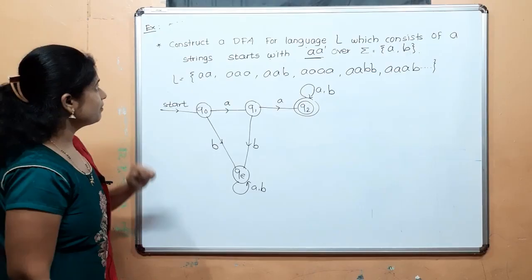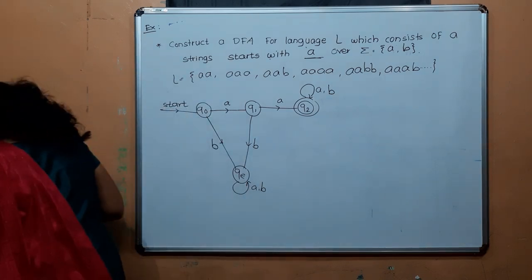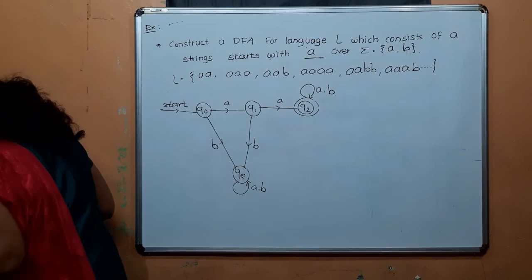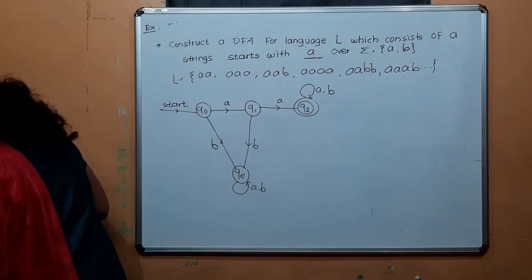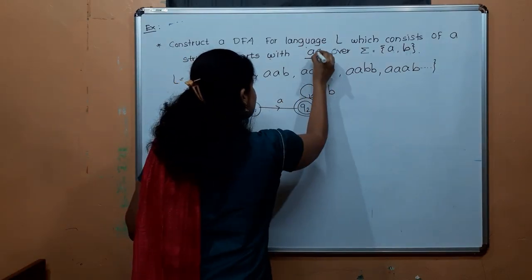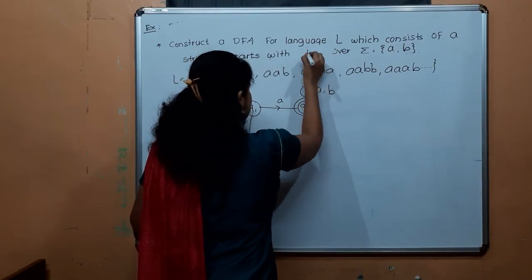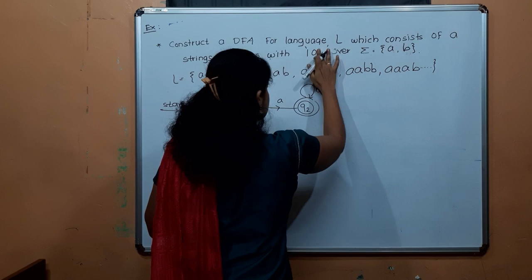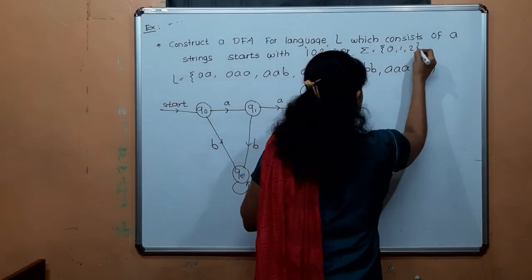Next, we see the example: string starts with AAA or string starts with 1 0 0 or string starts with 1 0 2 over the alphabet 0 1 2.